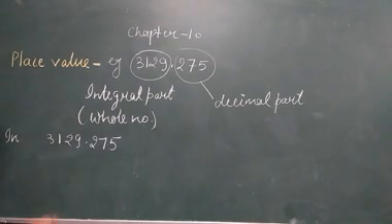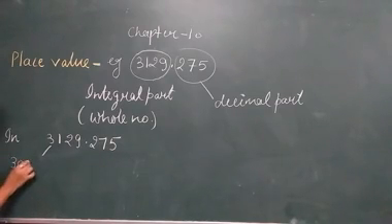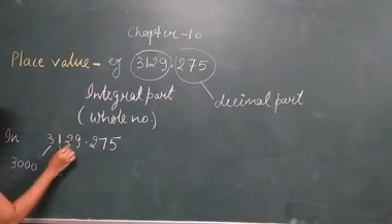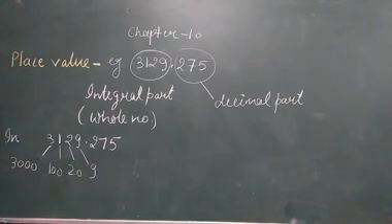Now, in this number, the place value of 3 is 3000. Place value of 1 is 100. 2 is 20 and 9 is 9. Okay.